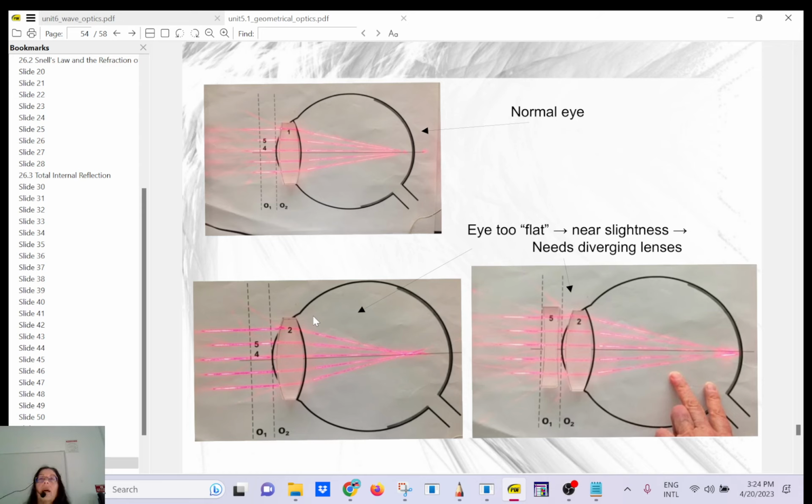However, if you have an eye like I do, if you are short-sighted, it means that instead of having a nice spherical eye, your eye is more like an egg. It's squeezed, right? It looks like an ellipse here. It's like an egg. So then what's going to happen?